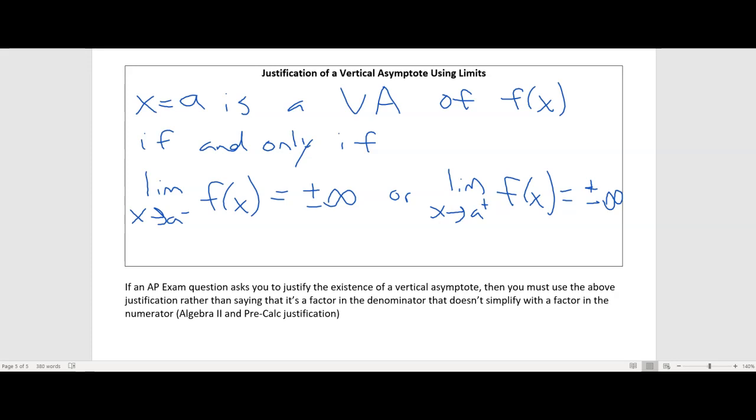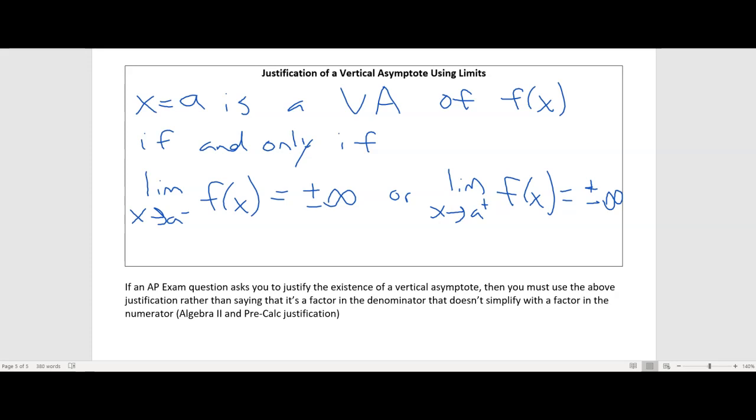It says x equals a, which is just going to be a vertical line, is a vertical asymptote of f of x if and only if the limit as x approaches a from the negative side of f of x is equal to positive or negative infinity, or the limit as x approaches a from the positive side of f of x is equal to positive or negative infinity.